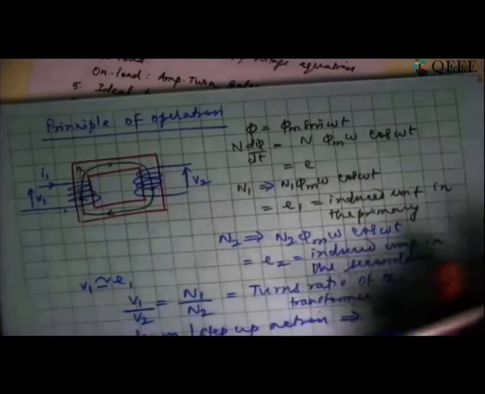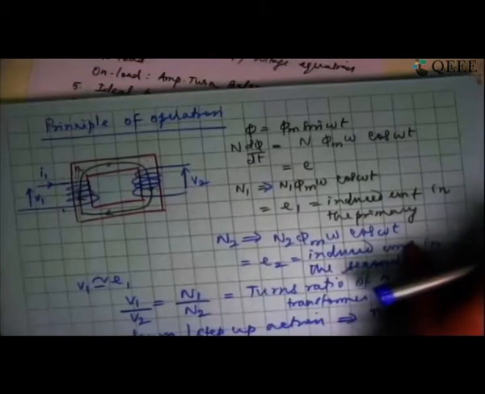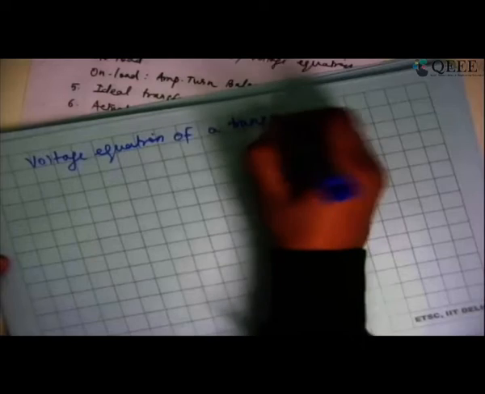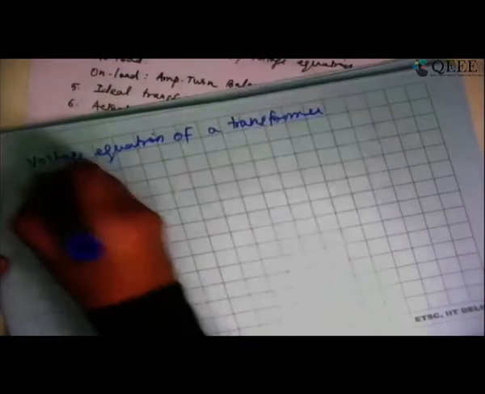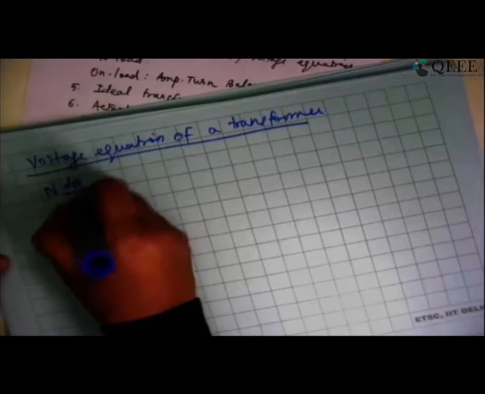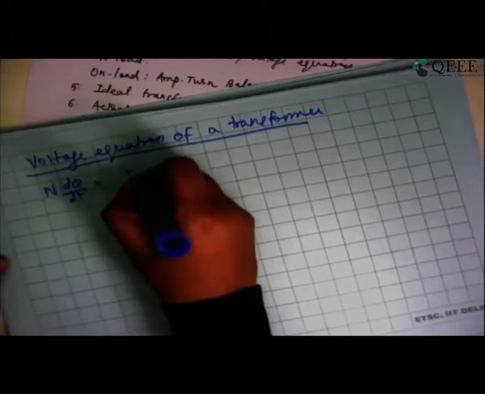Now that we know the basic equation that governs the transformer action, let us try to get the voltage equation of a transformer. So in the case of the voltage equation of a transformer, we can just write again Faraday's law, N dφ/dt is equal to the induced EMF.